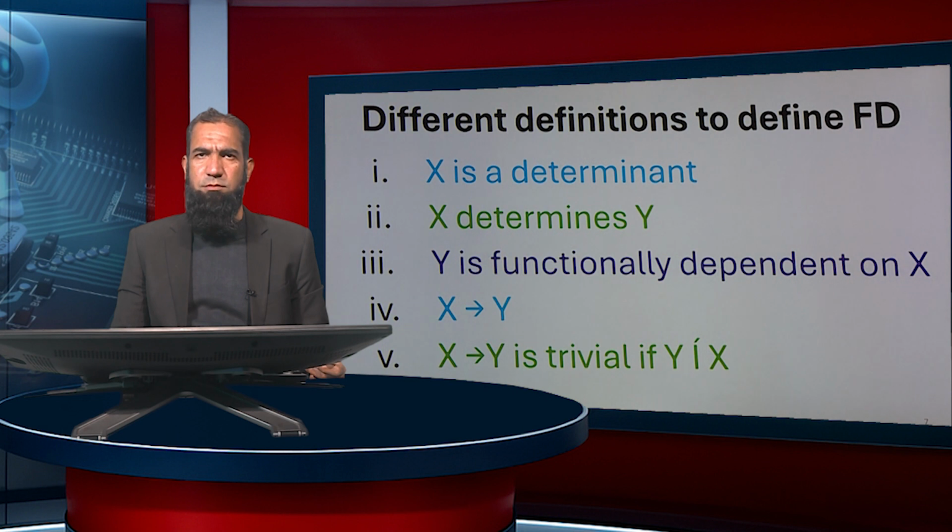For example, if X consists of the attributes student ID and name, then the dependency student ID, name → name is trivial because name is already part of X. Understanding this distinction between trivial and non-trivial dependencies helps when we analyze database schemas, especially in the process of normalization, where we try to simplify tables while preserving these dependencies.